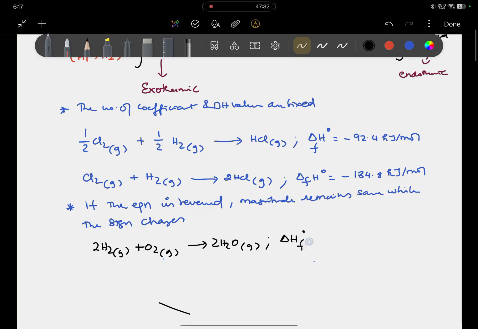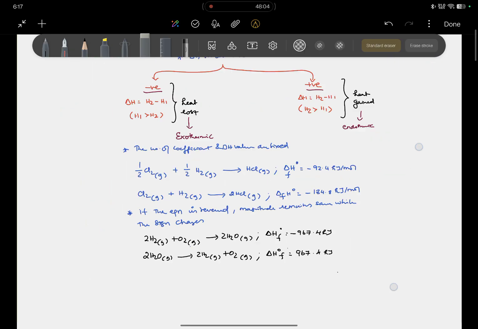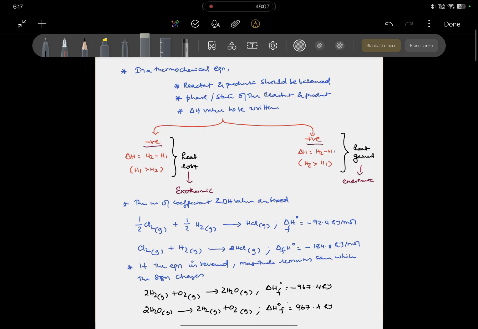The enthalpy of formation of this would be equal to minus 967.4 kilojoule. You reverse it: 2H2O gas gives you 2H2 gas plus O2 gas. Nothing else will change. Instead of minus, it will become plus 967.4 kilojoule. Please make a note of all these points. In your textbook, they have given the words. You people should understand the concept and write.